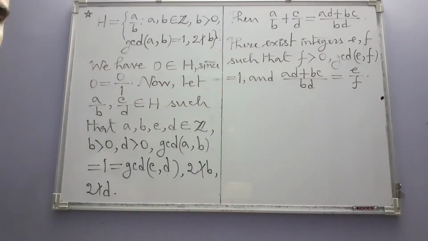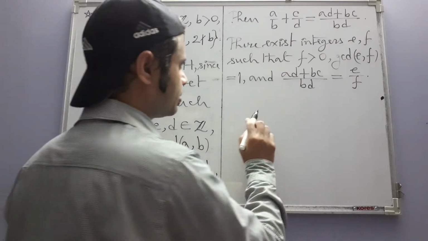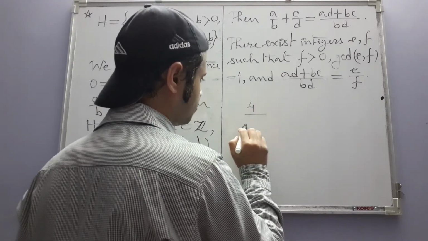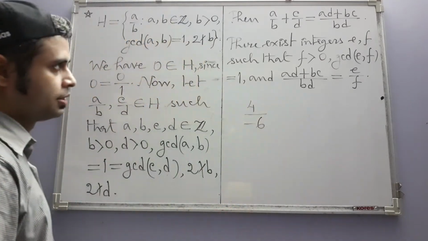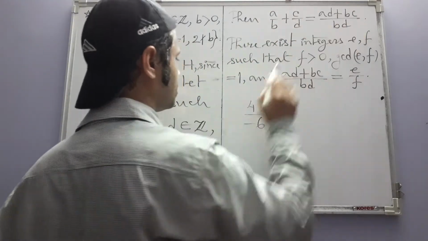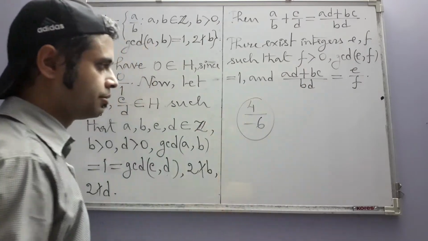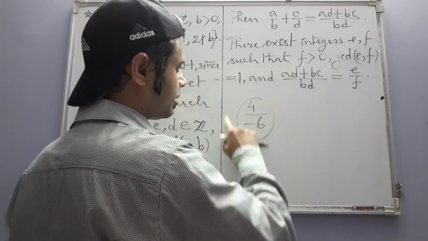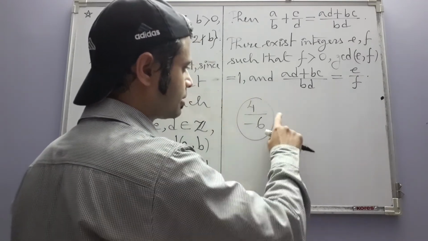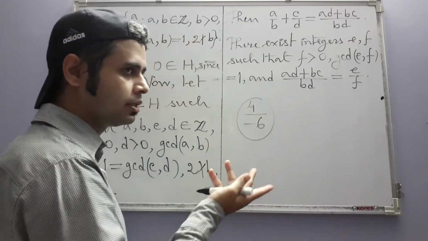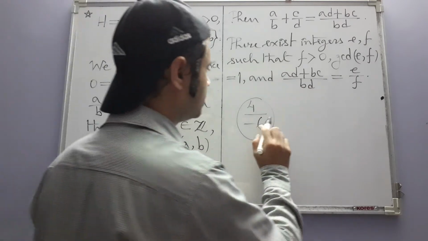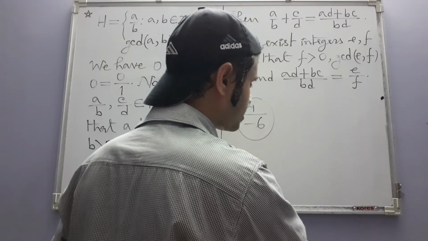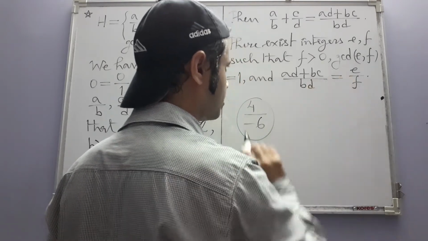This part I hope you understand. It's like saying something like this. Say you have 4 divided by minus 6. What we are saying is that you can express this as a quotient of 2 integers, where the denominator is positive and those 2 integers are relatively prime.